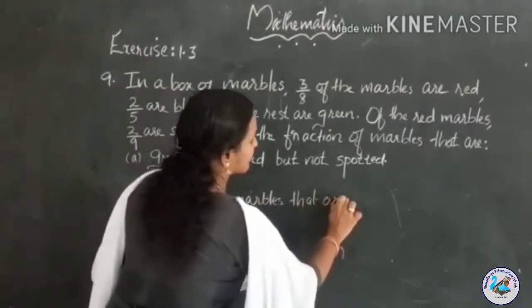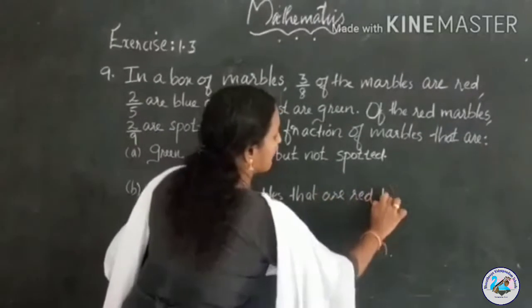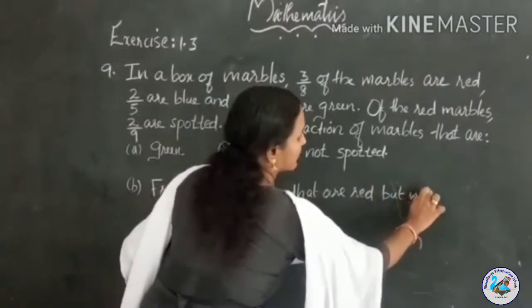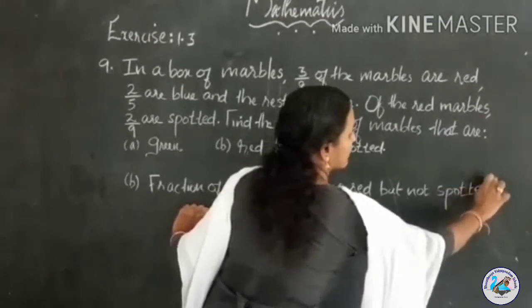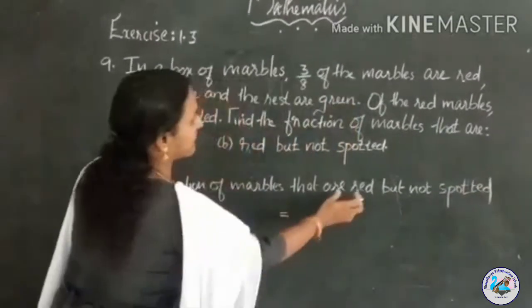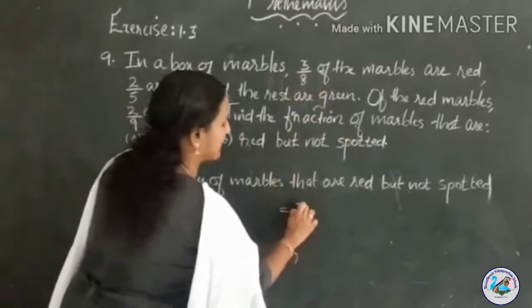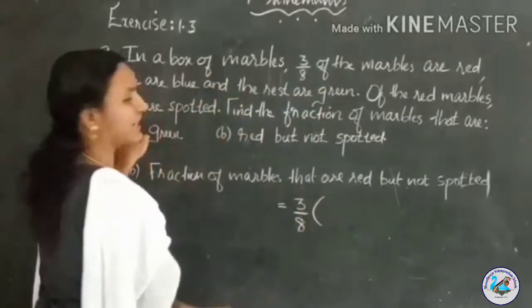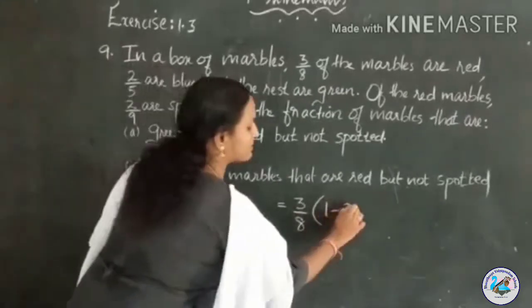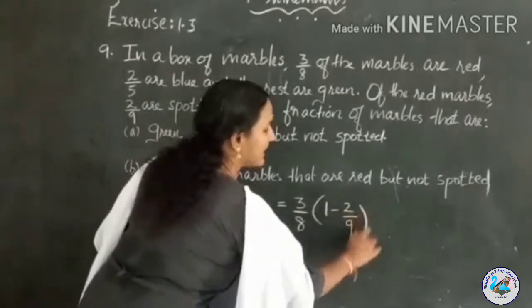Part B. Fraction of marbles that are red but not spotted is equal to, red means 3 by 8, into not spotted. 2 by 9 are spotted, so not spotted is 1 minus 2 by 9.